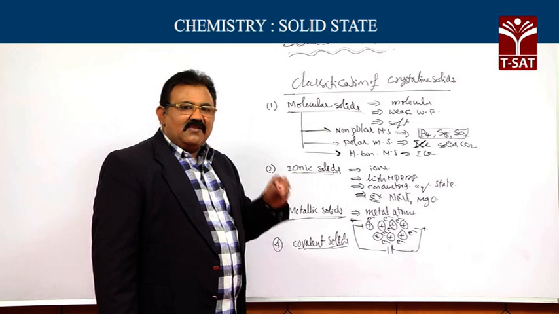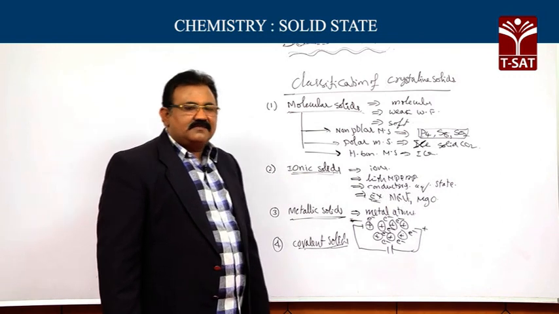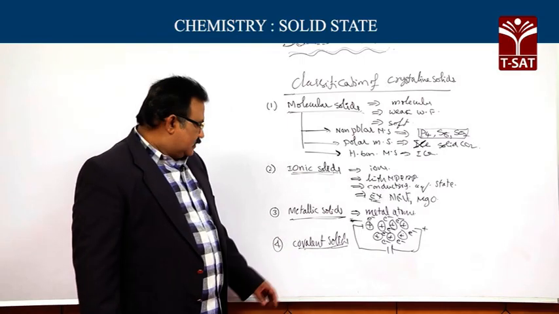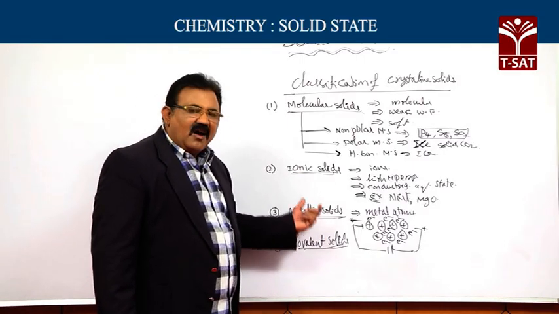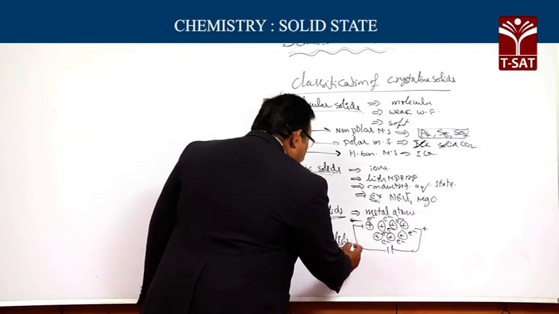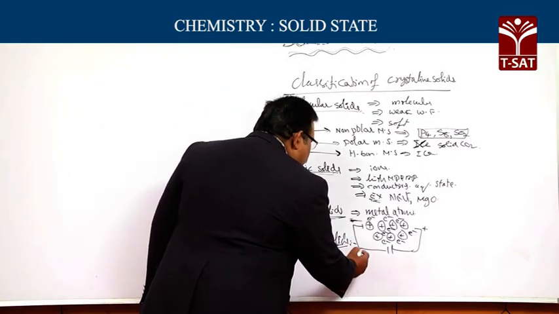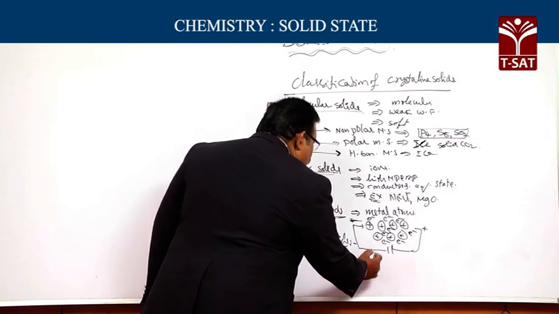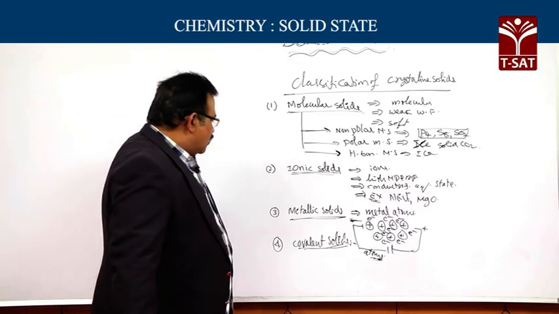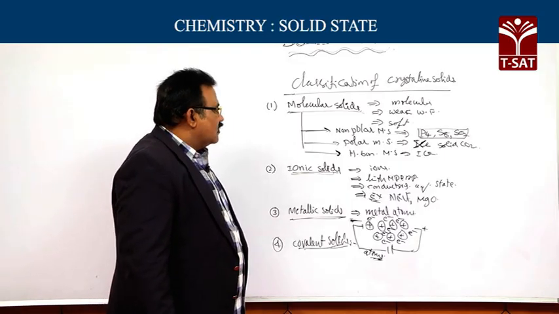They have very high melting and boiling points. And these covalent solids are very hard in nature because strong chemical bonds are present between atoms. So, constituent particles are atoms in the covalent solids.